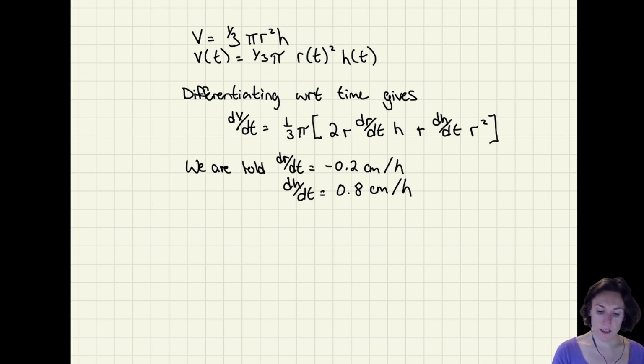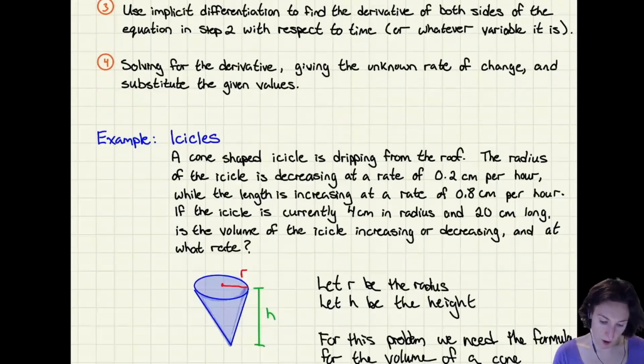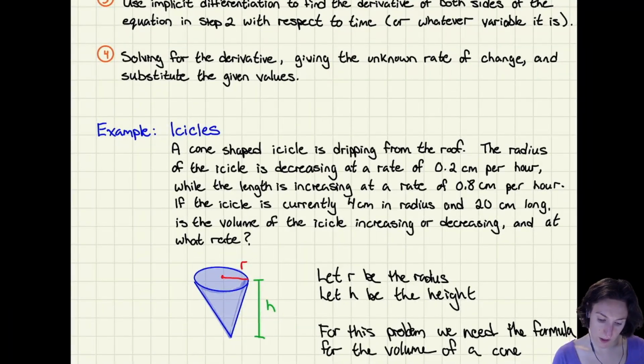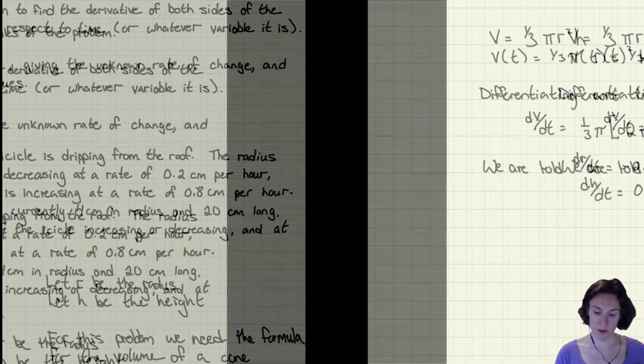Okay, so that means that we have this quantity here and we have this quantity, but what about our r and what about our h? Well, we're also told in the problem, if the icicle is currently 4 centimeters in radius, so our r for the time that we're interested in is going to be 4, and the length for the time we're interested in is going to be 20 centimeters.